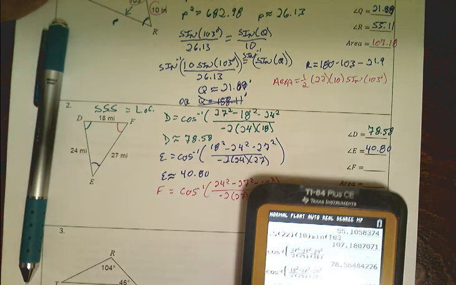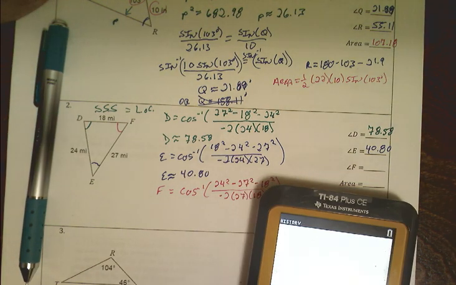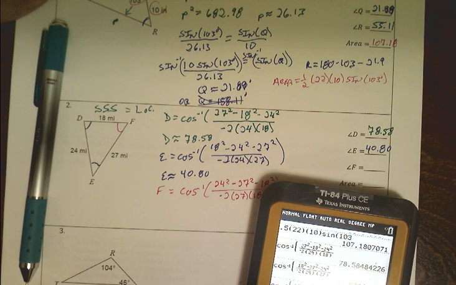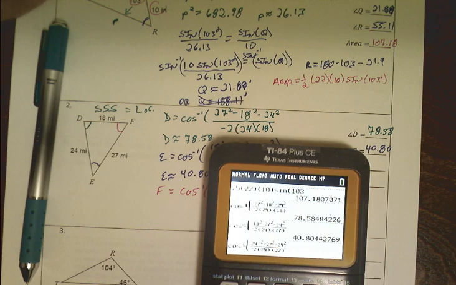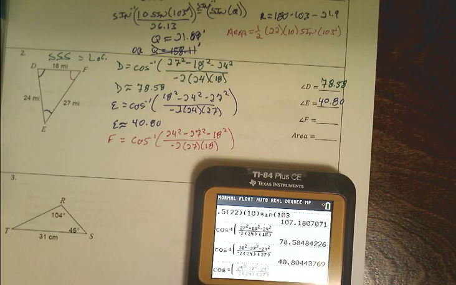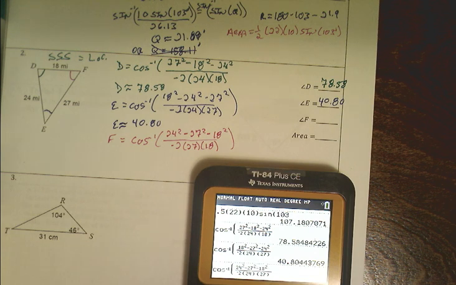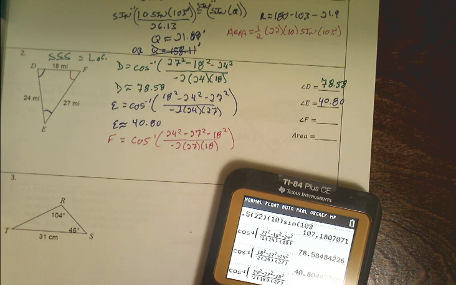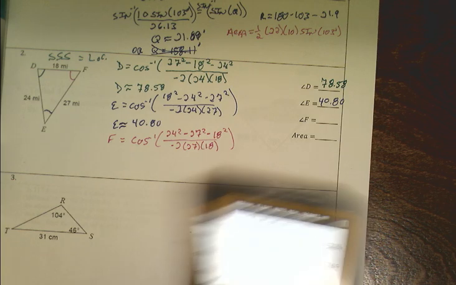So we go back up again, change our numbers in the formula. This first number being squared is 24, the next number being squared is 27, and then we have an 18. And then down here our 24 becomes 18, and we get 60.61.